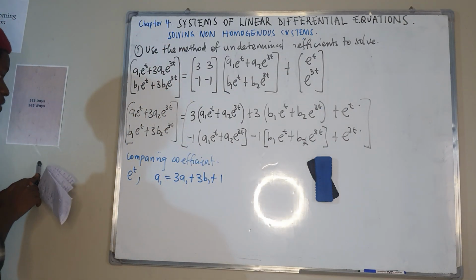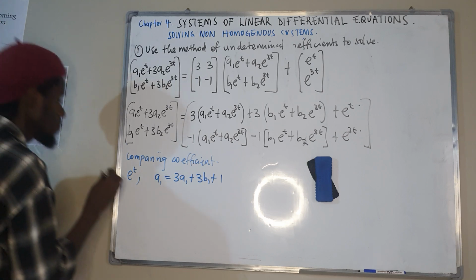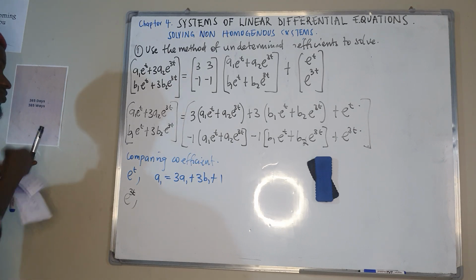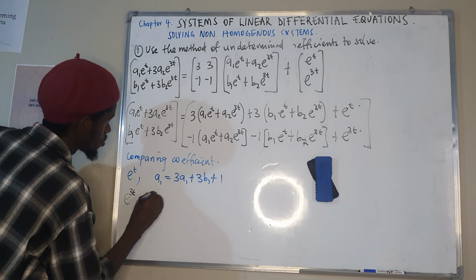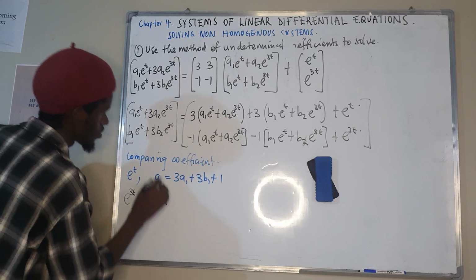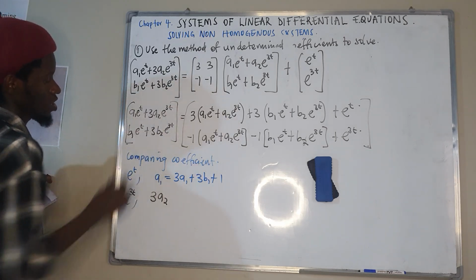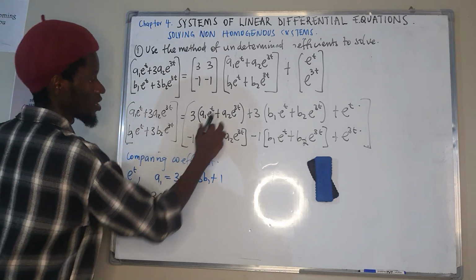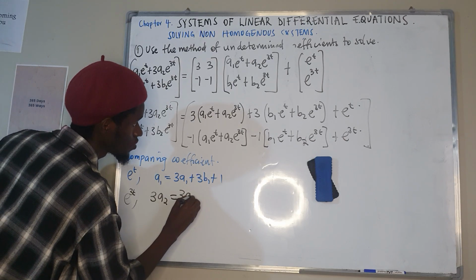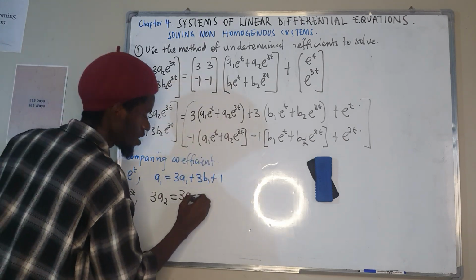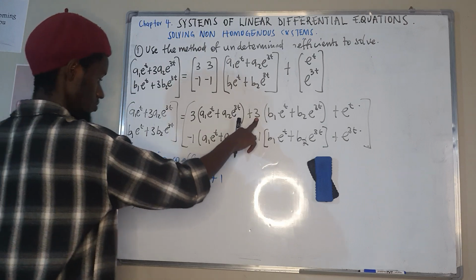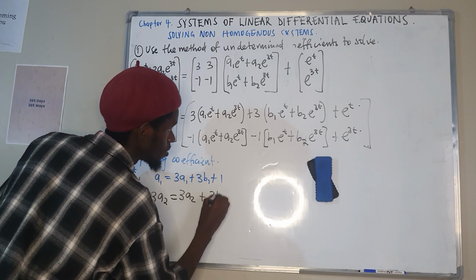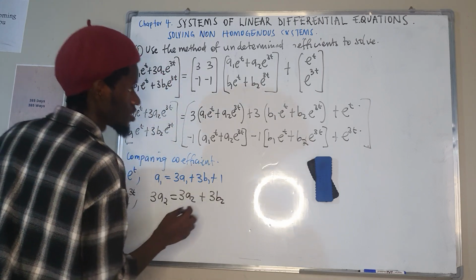Now also upwards, here I will still compare for e power 3t. If I look at this first row again, here I have 3a2, the component of 3 e power 3t, the same as having equal to, this side I have 3 and then 3a2, then plus 3b2.